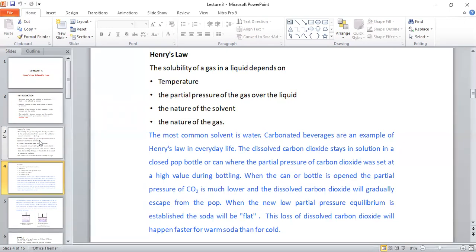So that's why the loss of carbon dioxide in a soda will be fast when the soda is warm, because when it's warm, solubility is not encouraged. Solubility increases with decrease in temperature, and so with a cold soda, the rate of loss of carbon dioxide will be slow.